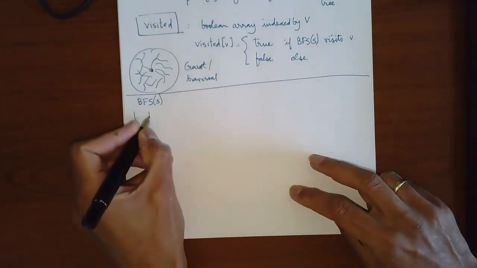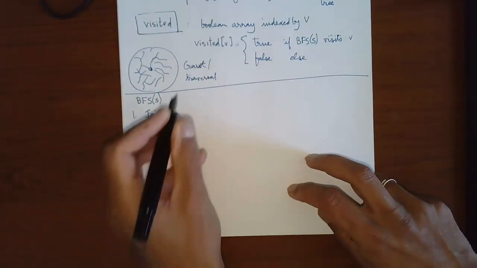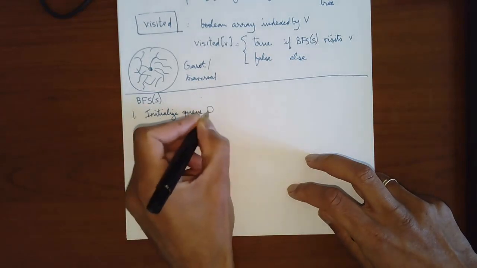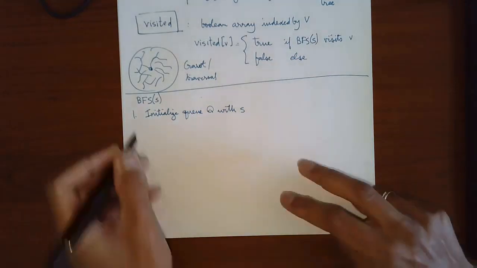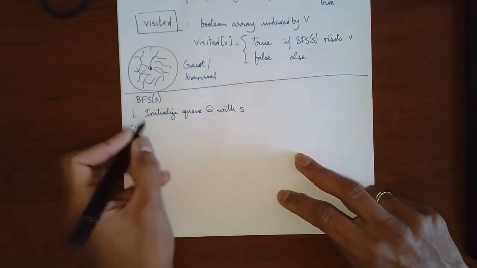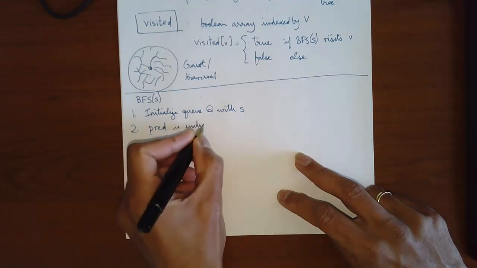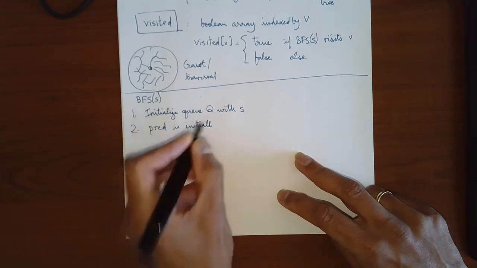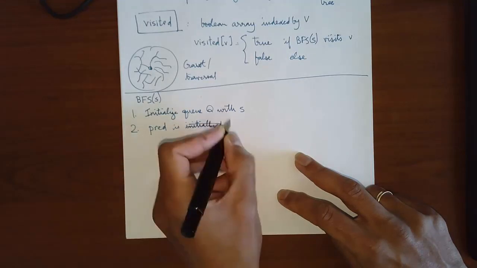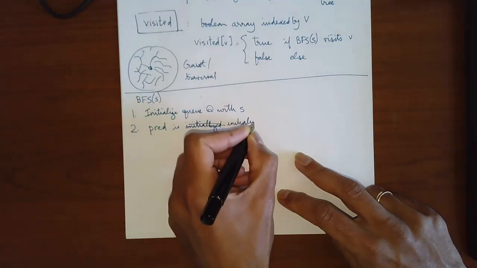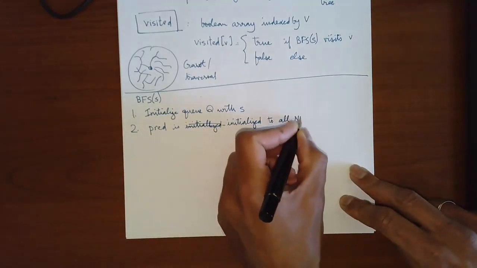First, we initialize the Q with S, so the Q is going to have this vertex S. Second, the predecessor array is initialized to all null.